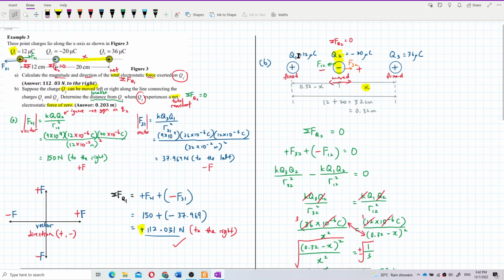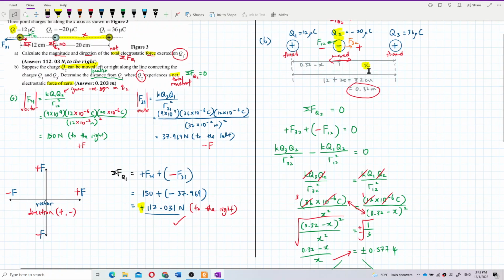But the distance between Q1 and Q3 is only 0.32 meter. So the furthest Q2 can go from Q3 cannot be more than 0.32, because Q2 must be in between Q1 and Q3. If Q2 goes beyond, then that's not the correct answer.